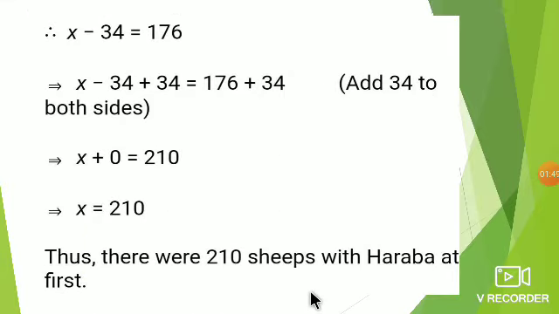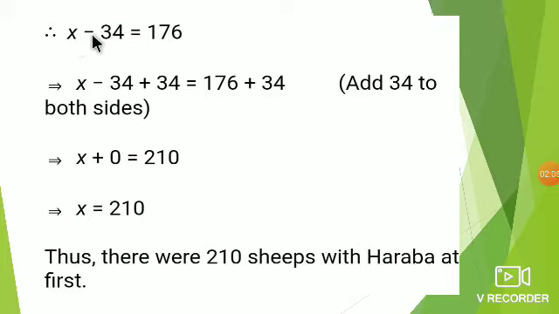Let's express it with the equation: x minus 34 is equal to 176. Using the equating method, keep the variable only on the left hand side.